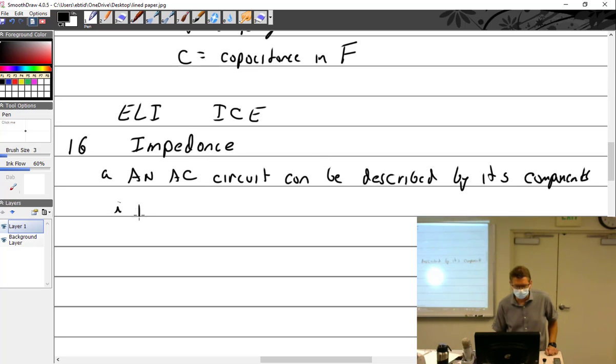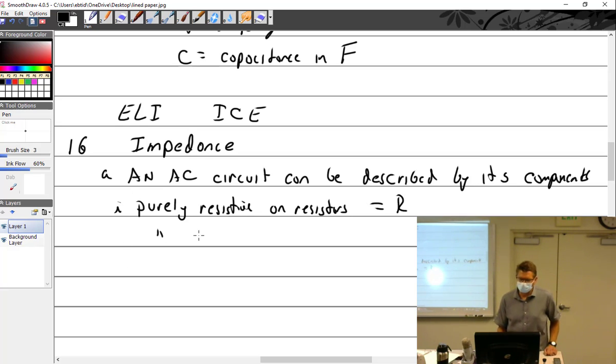So if it's purely resistive, meaning it only has resistors, it is an R-type circuit. Purely capacitive, and then it's a purely capacitive circuit. If it purely has inductors, then it's an L circuit.